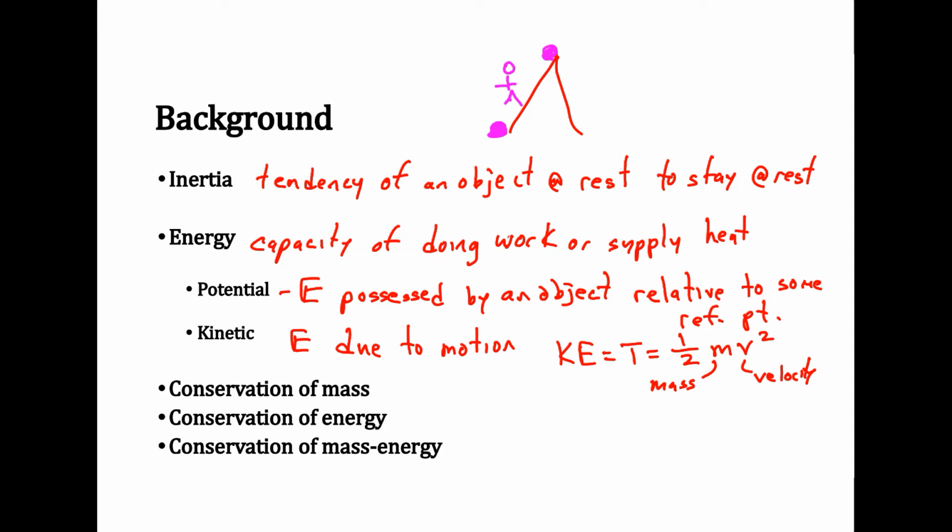But then finally, one of the last things we want to talk about today is conservation of mass versus conservation of energy. So what does this actually mean? So conservation of mass means that mass cannot be created or destroyed.